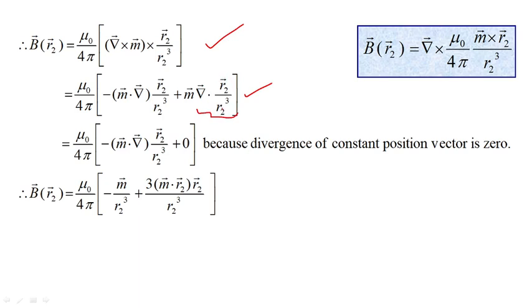R2 is constant, and the divergence of the constant position vector is 0, and you get the magnetic field like this. So we'll use the expression for the magnetic field in this form as well as in this. Okay, so from the magnetic vector potential, we can find out the magnetic field.